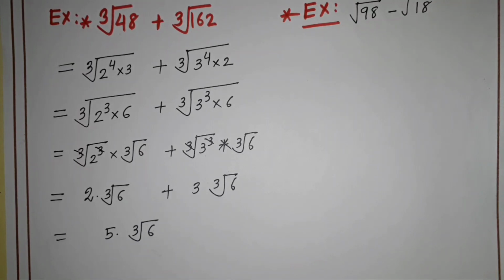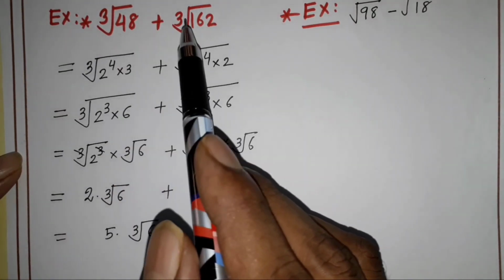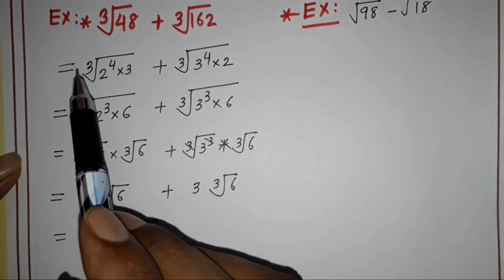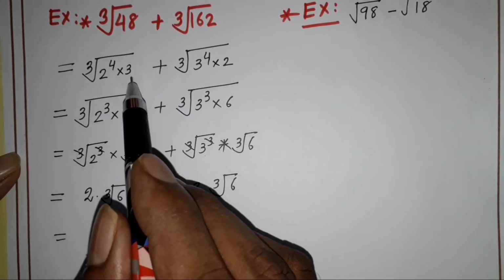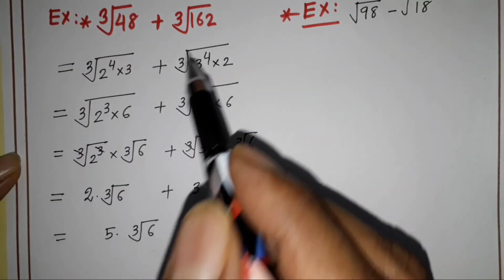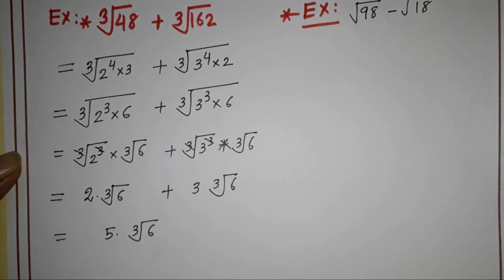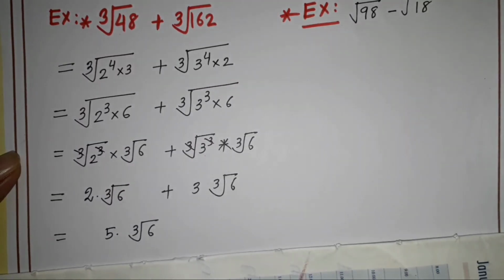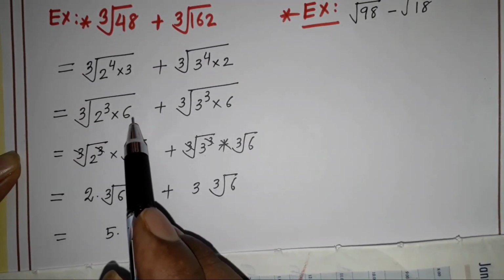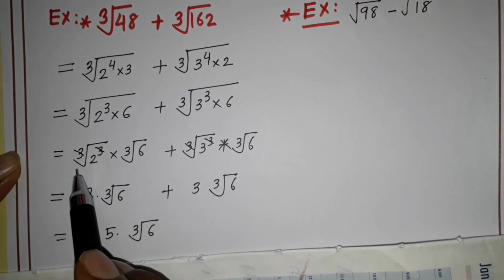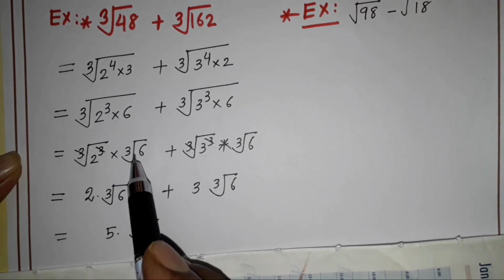Let us see one example, children. Cube root 48 plus cube root 162. Cube root, this 48, you do the prime factorization, you will get 2 power 4 into 3, plus cube root 162, again you do the prime factorization, you will get 3 power 4 into 2. Next, this cube root 2 cube into 6, you expand, cube root 2 cube into cube root 6.